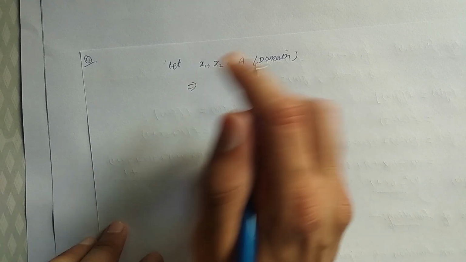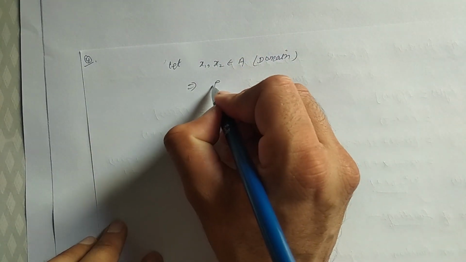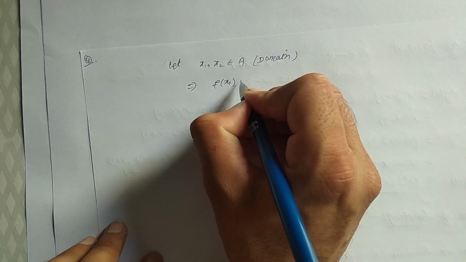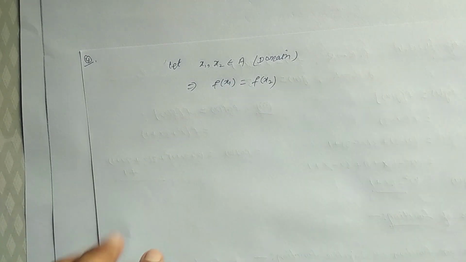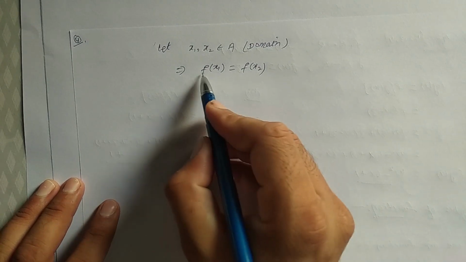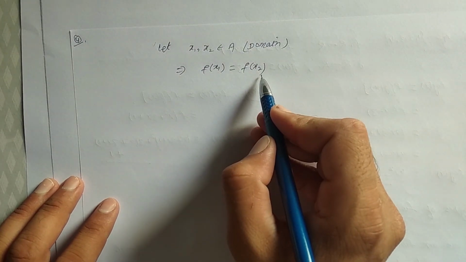Definition of one-one: f(x1) is equal to f(x2).